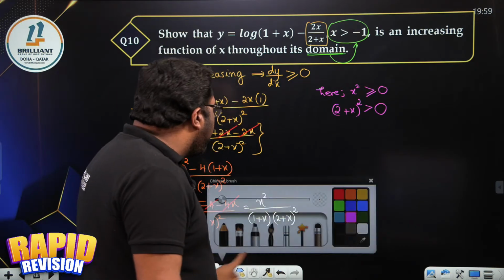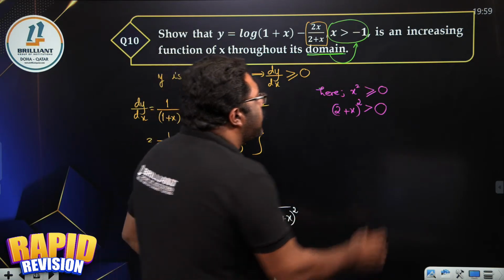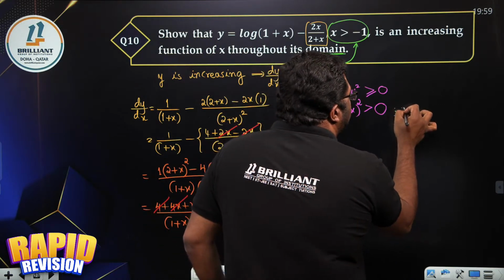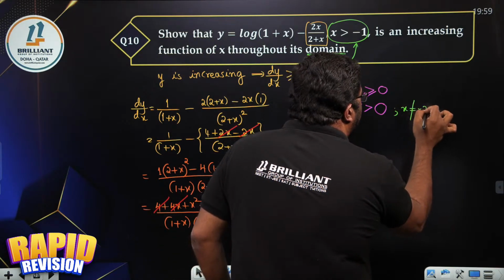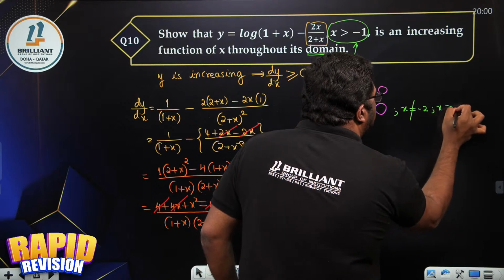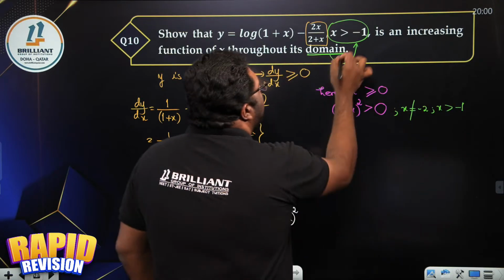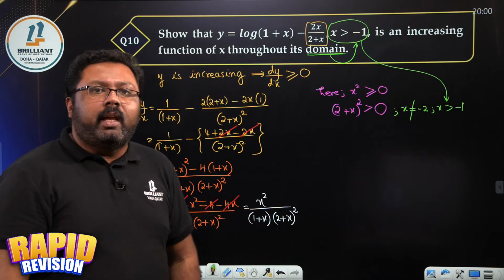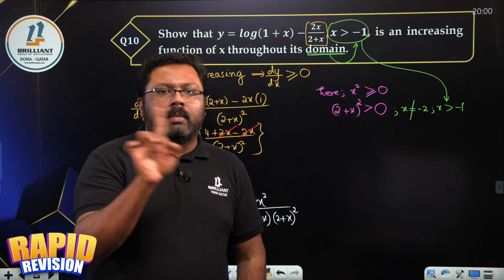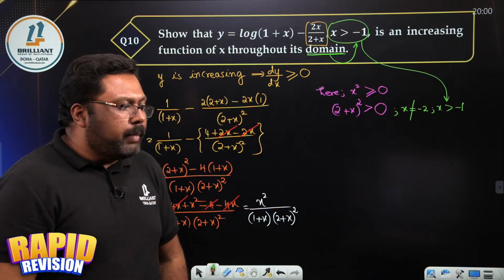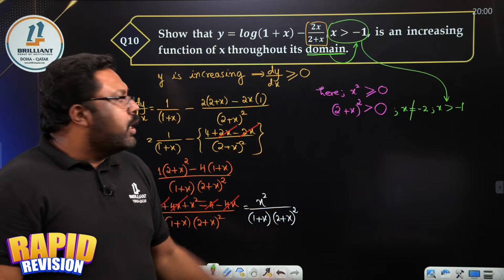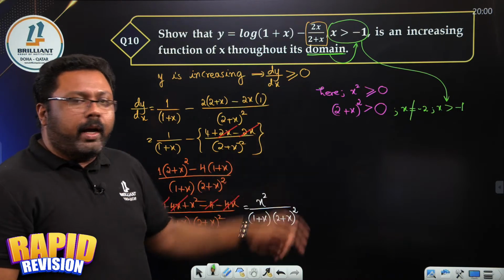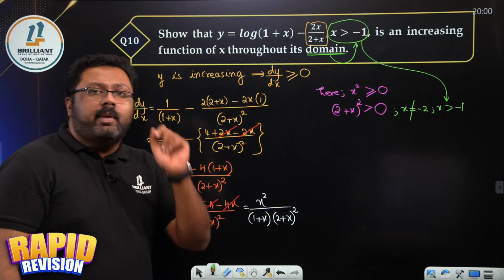But here I cannot put minus 2. The simple reason: x is greater than minus 1. They said this in the question already. Minus 2 is not greater than minus 1, so I cannot put minus 2. So 2 plus x squared in the denominator cannot become 0.